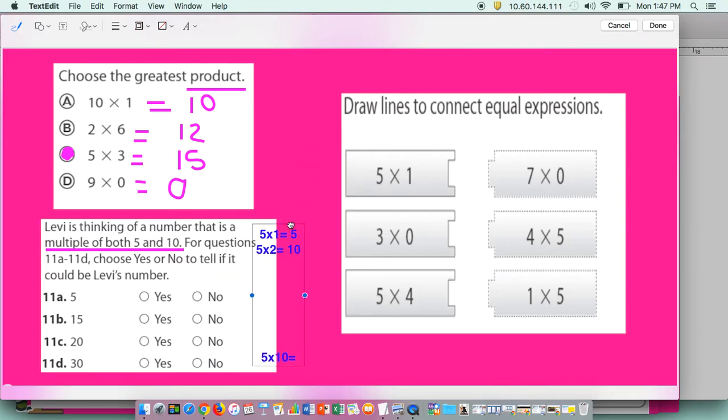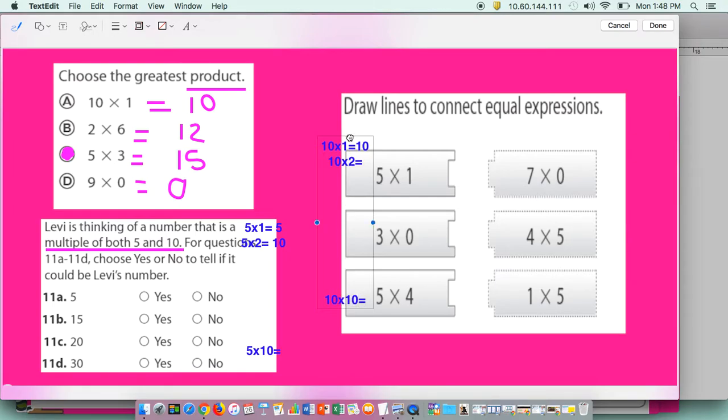These are the multiples. Let's do the 10 times tables also. 10 times 1, 10 times 2, do all the way to 10 times 10.